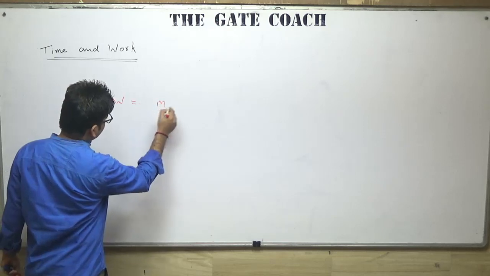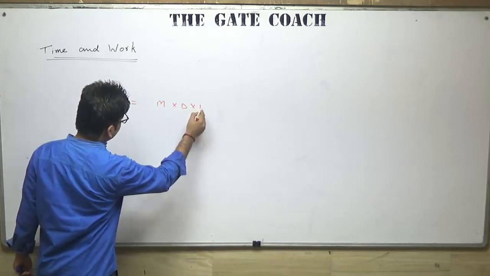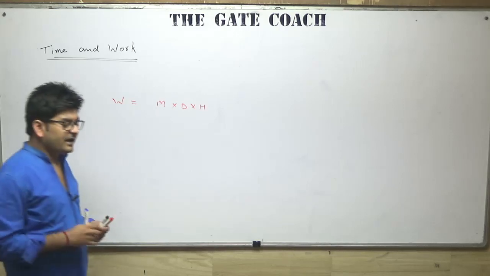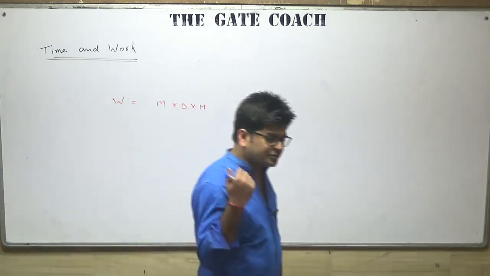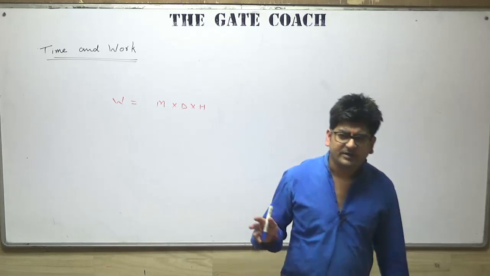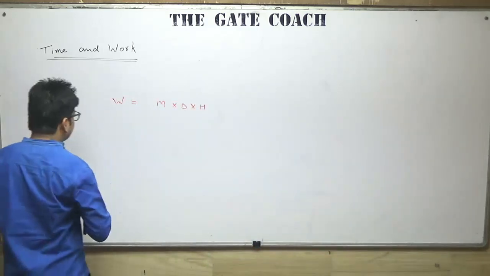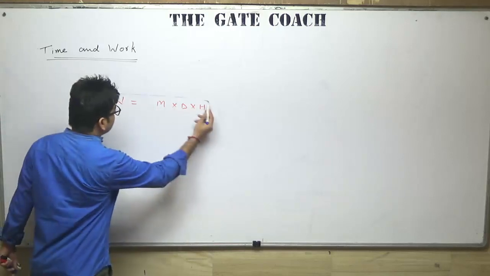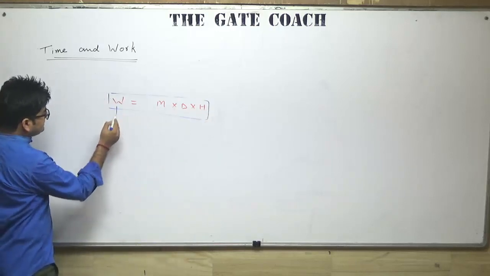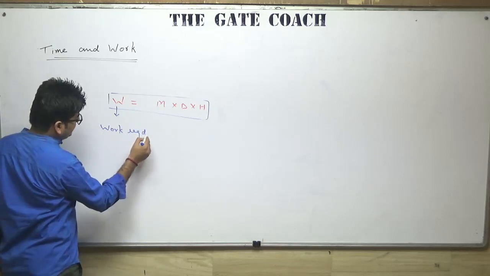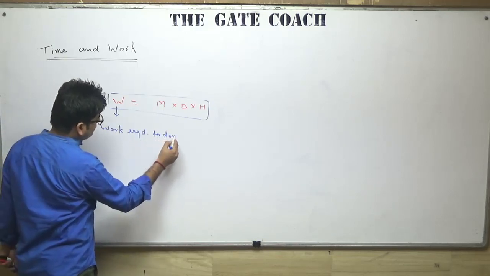The first thing which I want to tell you is to remember this rule: work is equal to M into D into H, because this will help you to solve almost 90% of the problems related to time and work. Here, this is the work which is required to be done or completed.